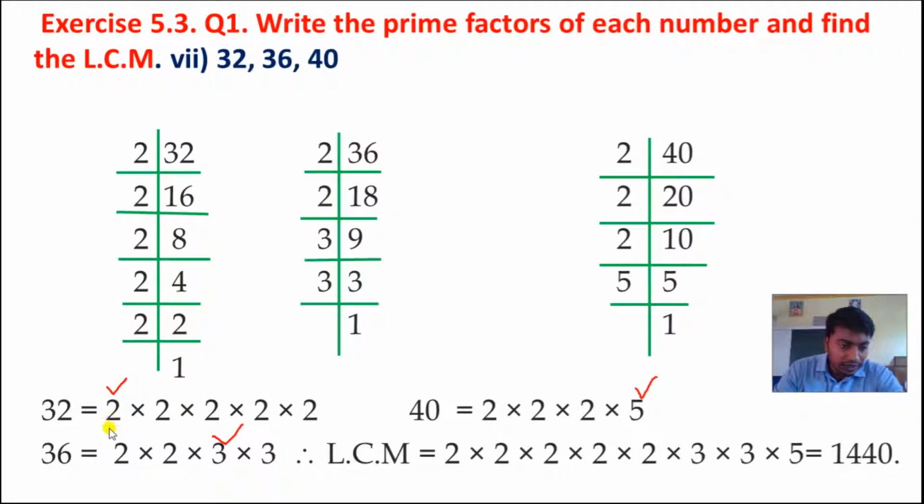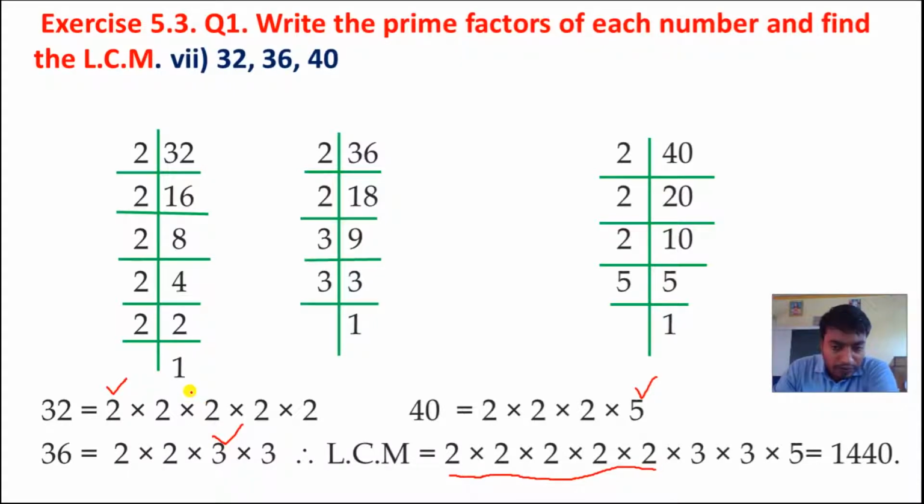So let's check. 2 here came 5 times, here 3 times, here 2 times. So we will take 5 times 2, because the maximum number of 2s is 5. Clear? So 1 2 3 4 5.